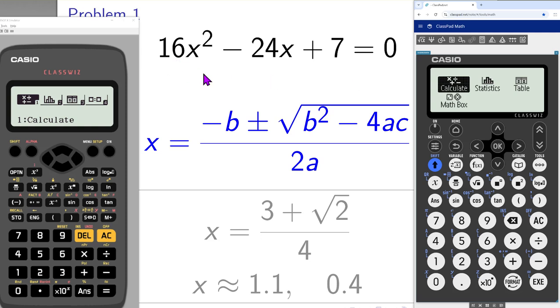So what you do is you dial in your 16 and you store it to A. Now how do we store? There's A, it's blue, so it's probably shift blue.